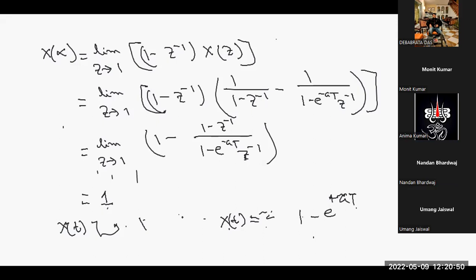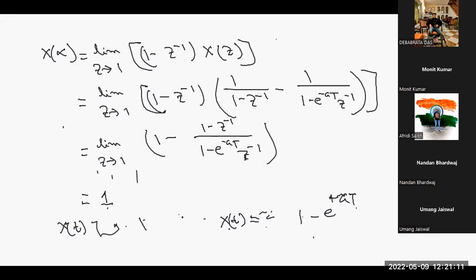That means when you put t equal to infinite range, the value is coming from here, that is 1. So this is basically the result of the given problem using the final value theorem.